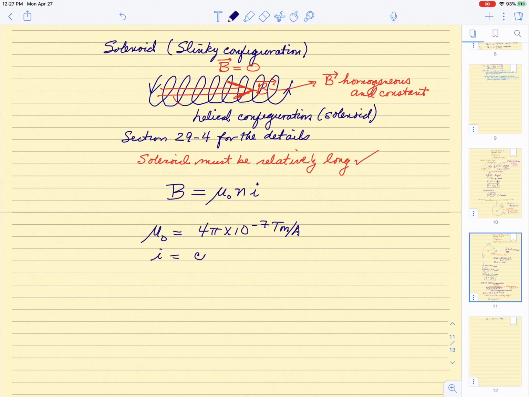I is the current, and N is what is called the loop density, which is the number of loops per unit length. Sometimes you'll see this as the linear loop density, just so you know that it's a number of something per unit length. In this case, it's the number of loops per unit length.